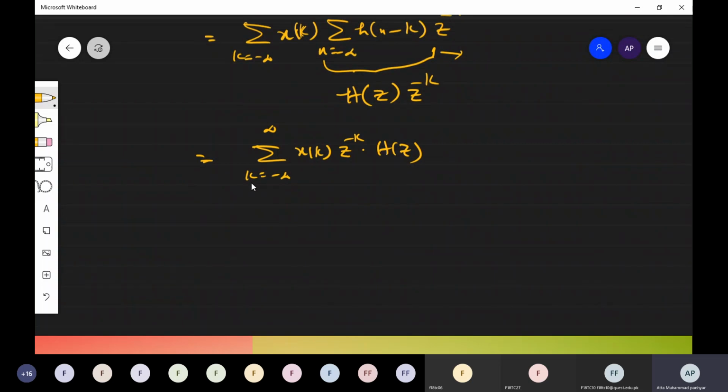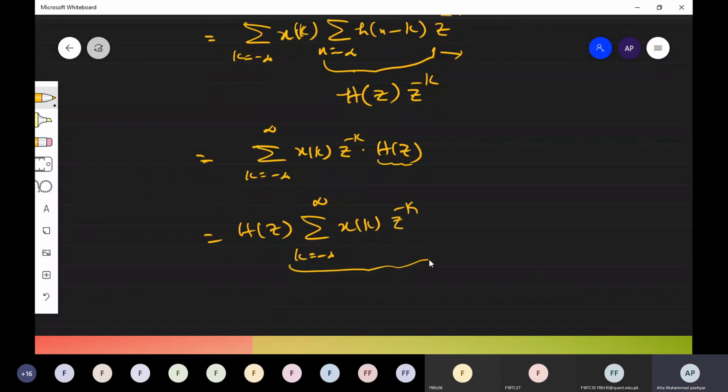Now our running variable is k, and this H of z is a coefficient, so we take this out, and what we are left with is x of k z power minus k. And what is this? This is equal to X of z. You can see H of z, right?